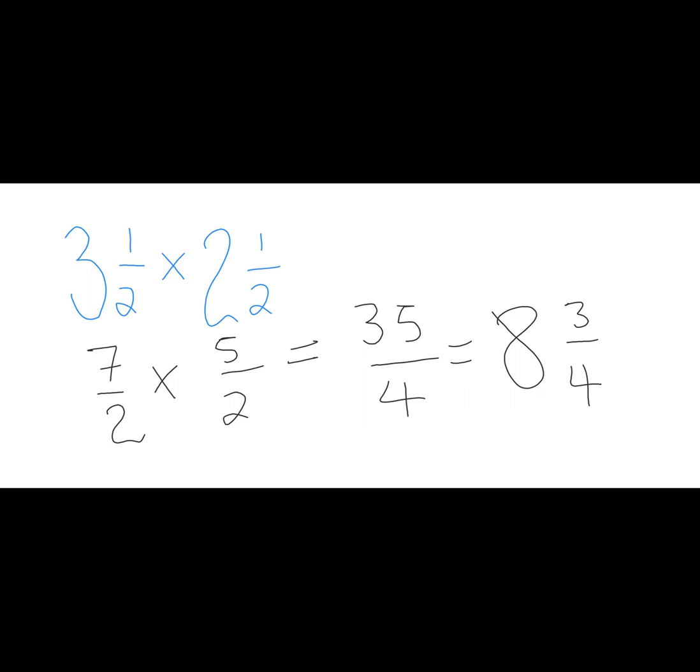So basically, that is all there is to multiplying mixed numbers. Anybody with any question that they would like to ask before we move on? All right, with no questions, let us now look at what happens if we're dividing the same mixed numbers.